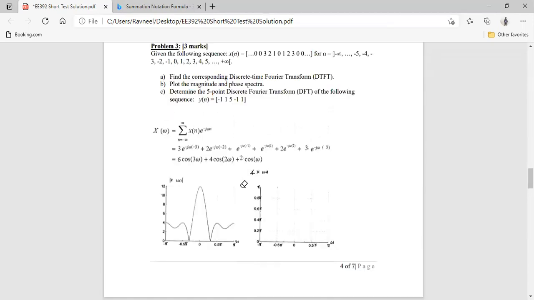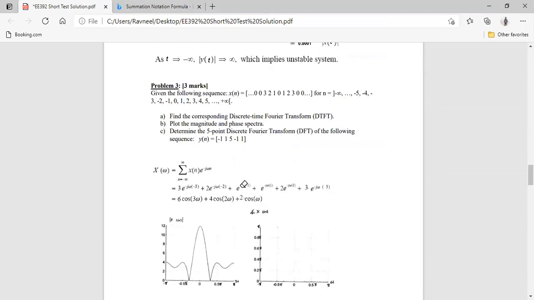Always remember the difference between DTFT and DFT: DTFT is for an infinite series, while DFT is for a definite series. So this is limited, isn't it? It is not continuing towards the positive side or the negative side.